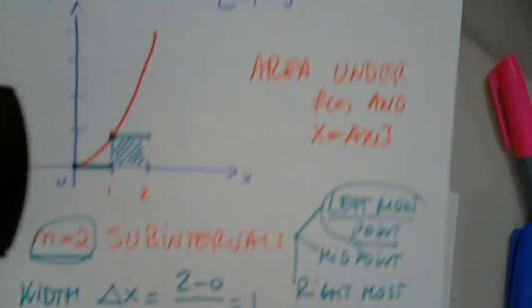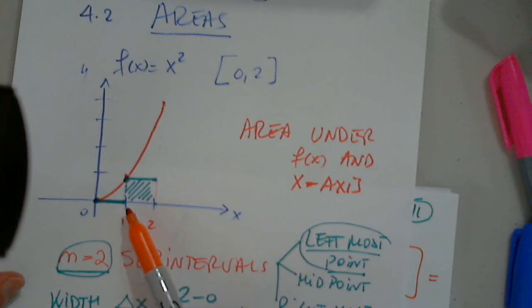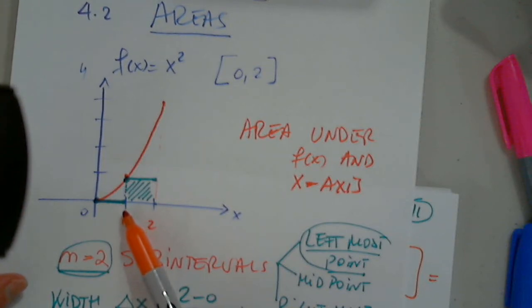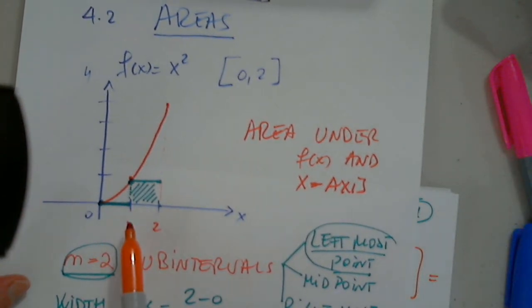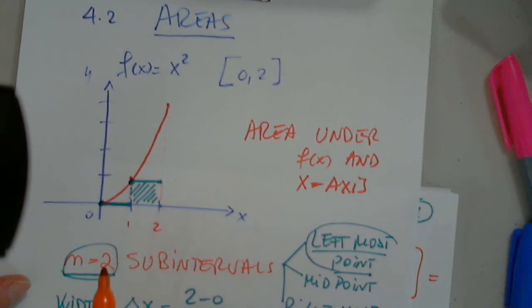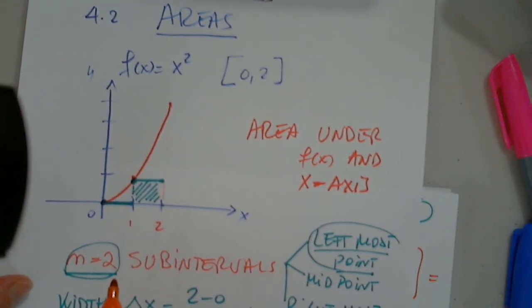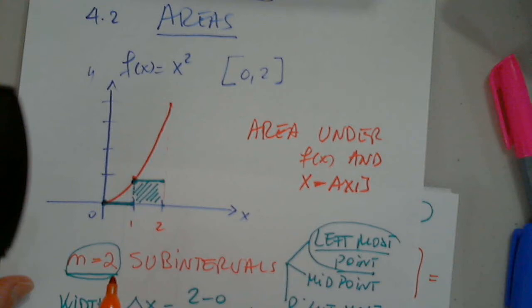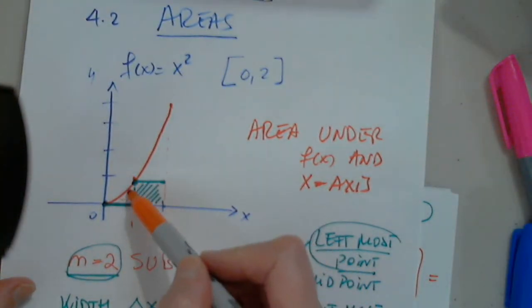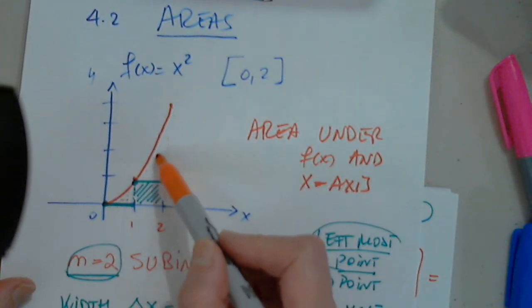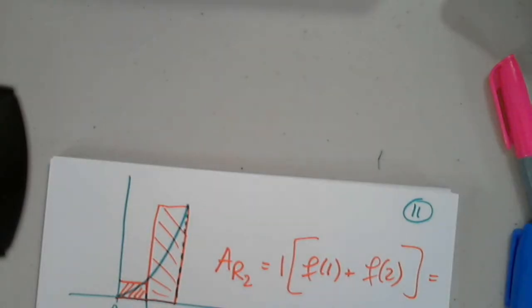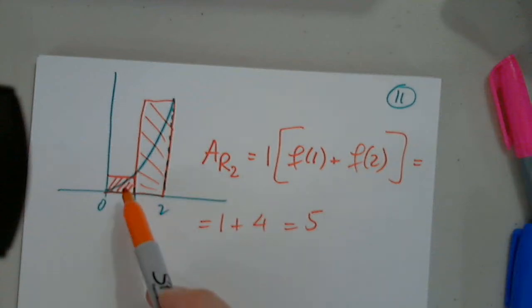Back to the first option with the leftmost point. Is this an overestimate or an underestimate of the actual area? Underestimated. Grossly underestimated. Look at how much I'm missing. Okay, what about for this particular function?